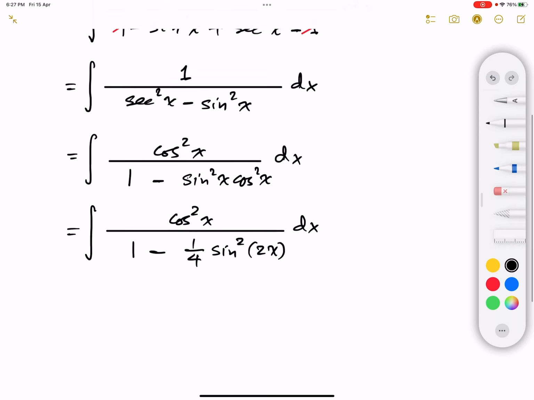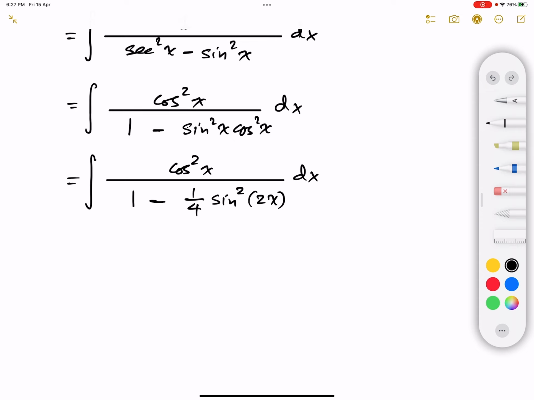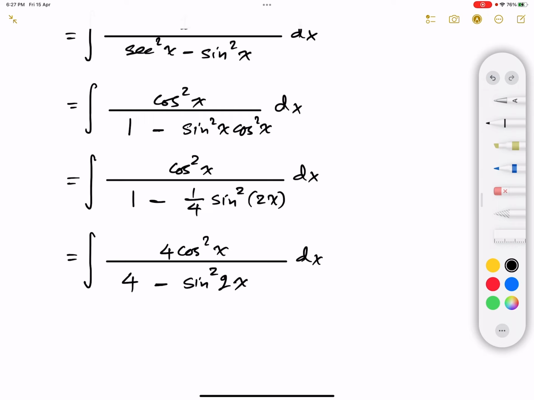Okay, so now what we're going to do next is to multiply both the numerator and the denominator by 4 so that we get rid of the 1/4 in the denominator. So that's going to give us 4 cosine squared of x divided by 4 minus sine squared of twice x, and of course dx.